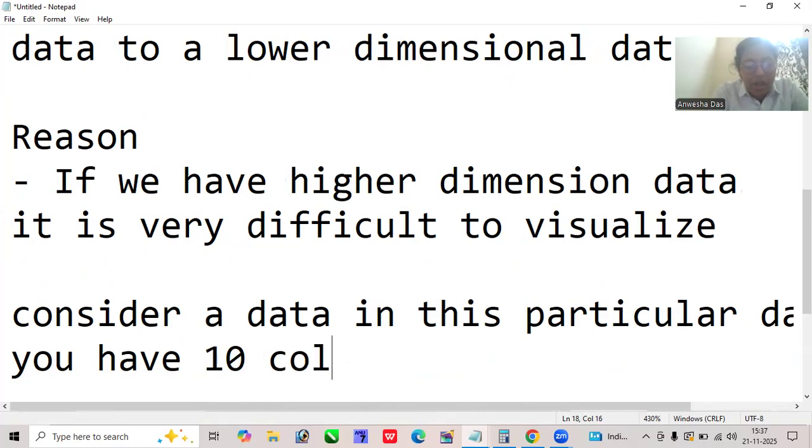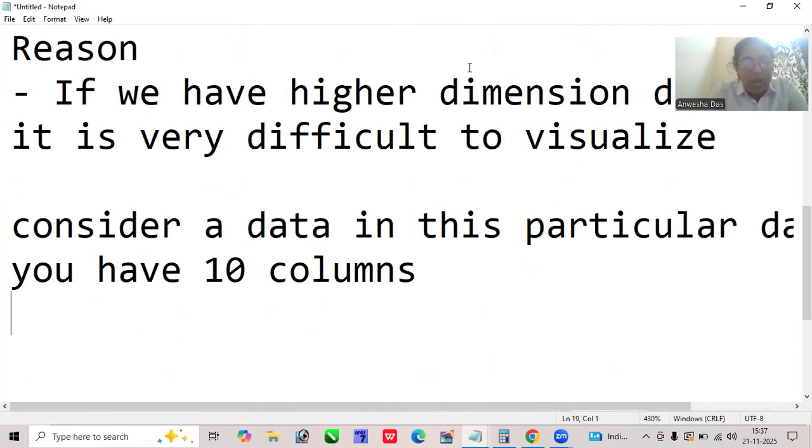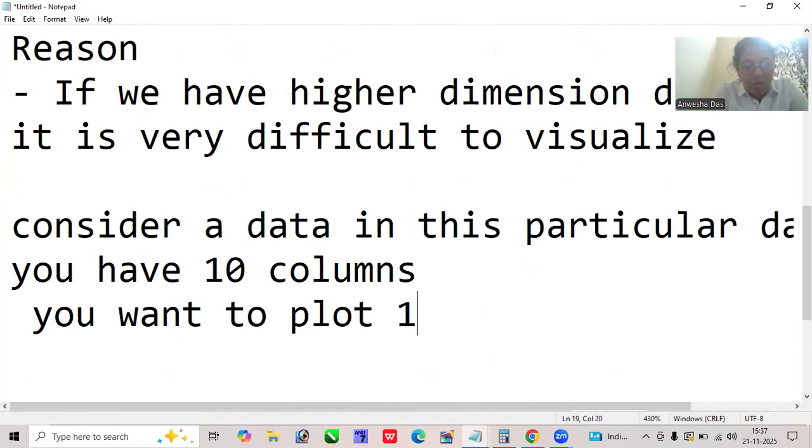Now, what you want to do? You want to visualize 10 columns. You want to plot 10 columns. Is it possible, guys? It is not possible.